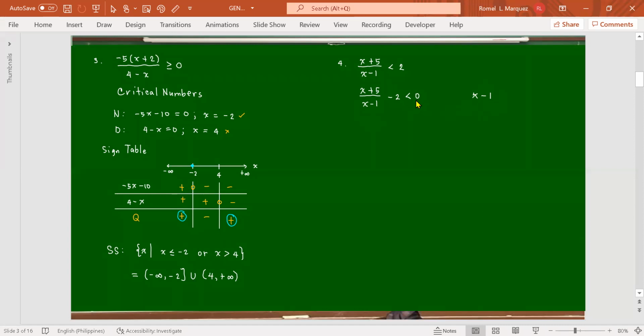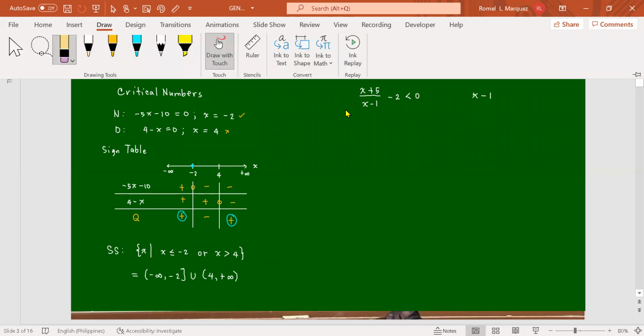Am I correct, children? Remember, if you multiply by a number, reversing the symbol of inequality depends on the sign of the multiplier. If it is negative, you reverse. If it is positive, retain. But x minus 1 is an expression containing a variable. So you do not know whether it is positive or negative, so we don't know whether to reverse or not. So we're not allowed to multiply.